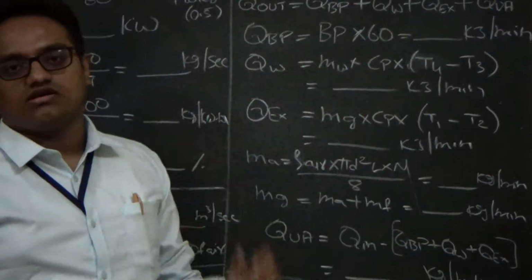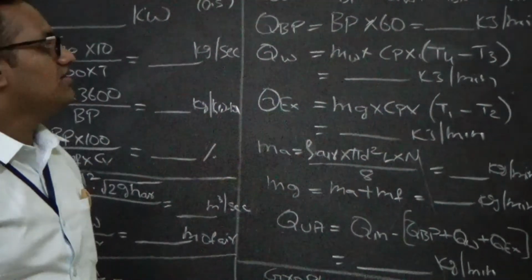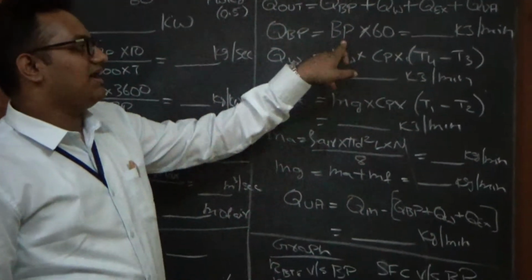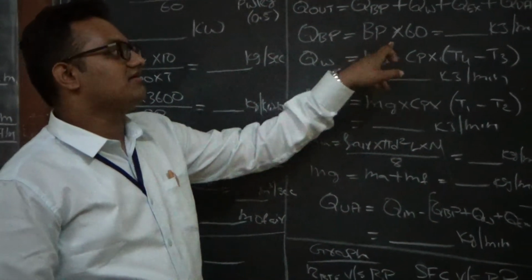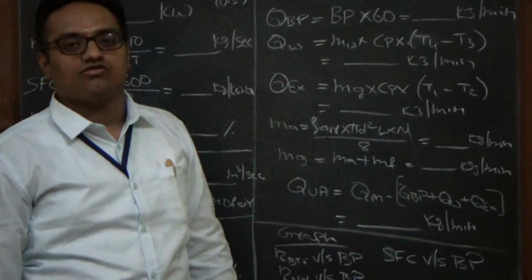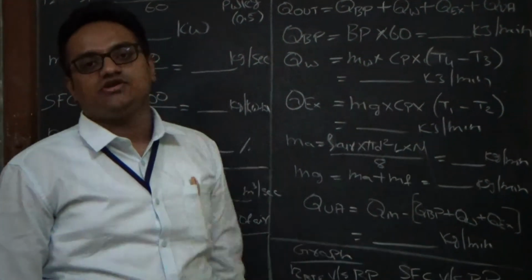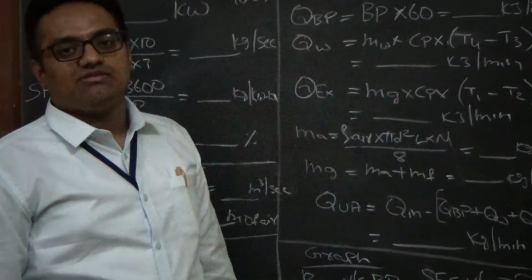All put together we have Q out, heat out. Heat equivalent to brake power is nothing but the brake power we already calculated in kilojoules per second or kilowatts. To convert it into kilojoules per minute we multiply by 60.